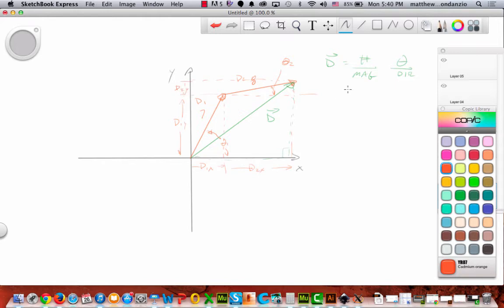And so together, the big D, the resultant d vector x, is equal to d1x plus d2x, right? And we know that d resultant y is equal to d1y plus d2y, right? And so now we just do some basic math, a couple of trig functions to get there.